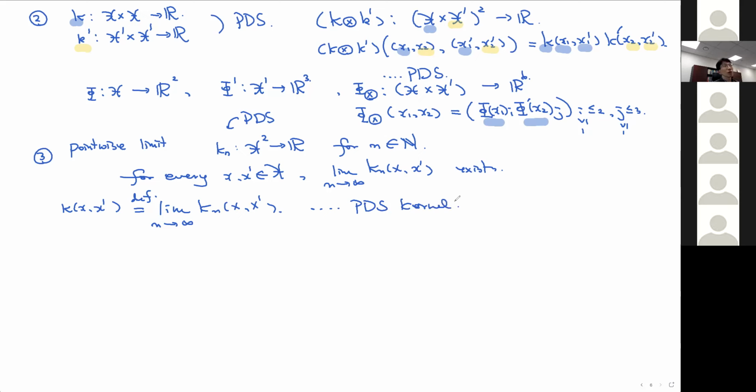Showing that this is a PDS kernel is quite easy.